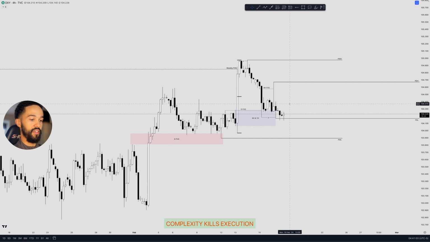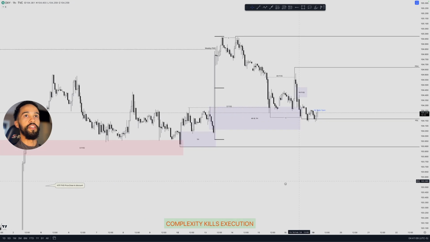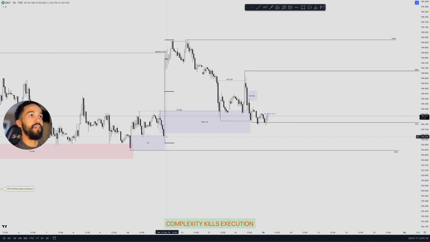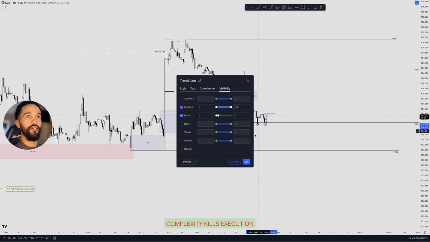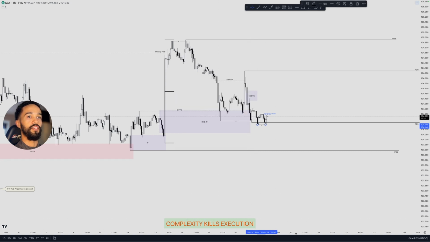So let's go down to the hourly. On the hourly, similar to EU, we still have this bigger bullish leg. We're in that 1 hour POI and we've pulled back internally bearish, but price is showing some support here. And again, we've swept previous lows and Asia highs during Frankfurt, as you can see here.